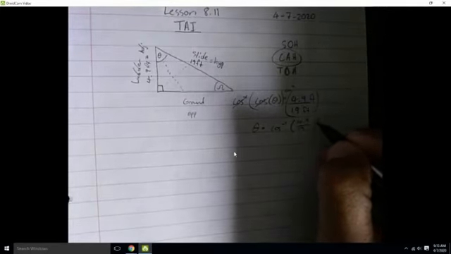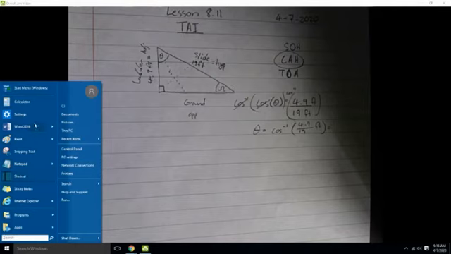The cosine inverse and cosine cancel, and we end up with angle theta equals the cosine inverse of 4.9 over 19 feet.